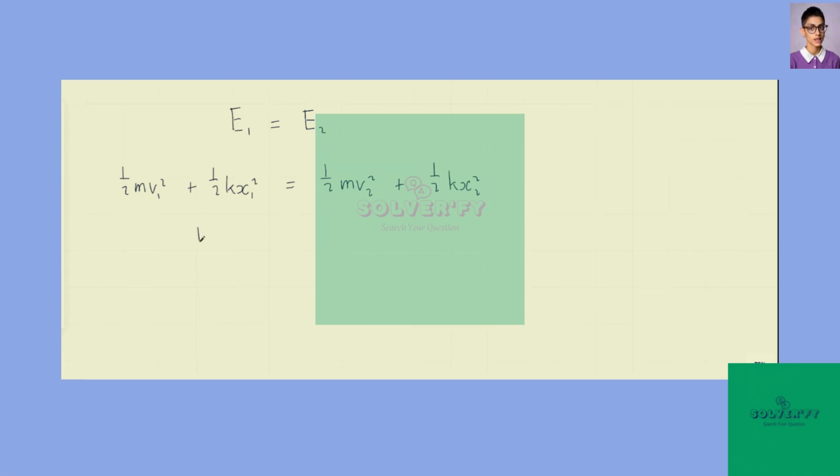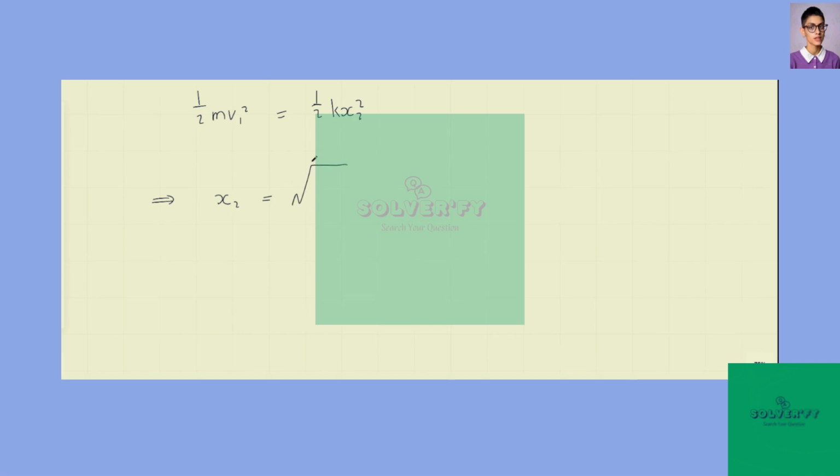So simply, the initial kinetic energy of the car, half m v1 squared, must be all converted to elastic potential energy in the bumper, which is a half k x2 squared, which means we can find the maximum compression of the bumper, x2, by rearranging this equation.